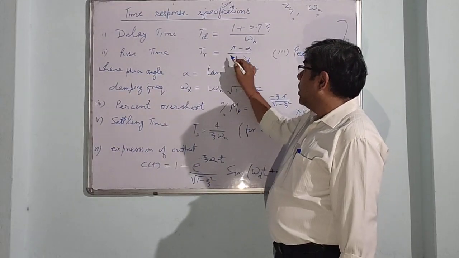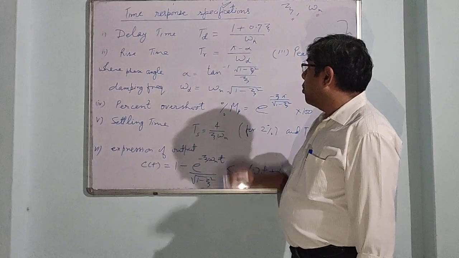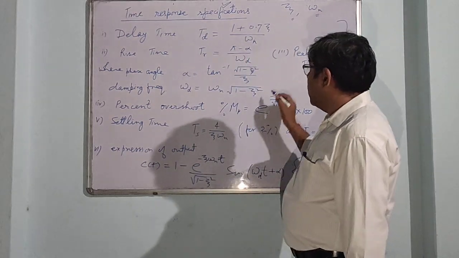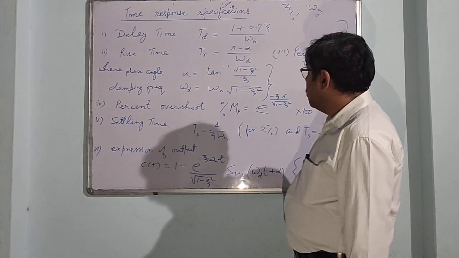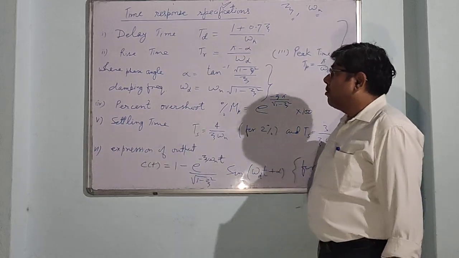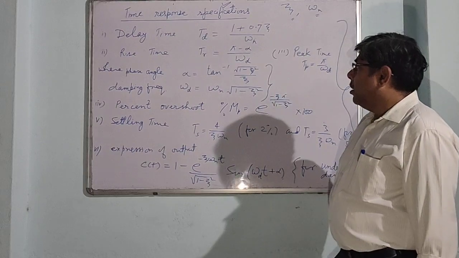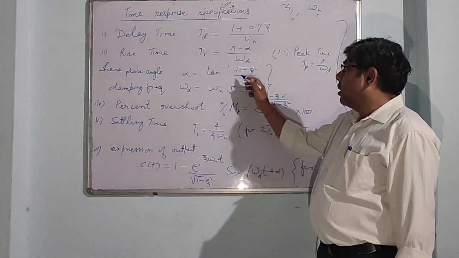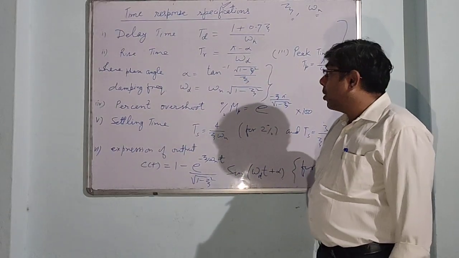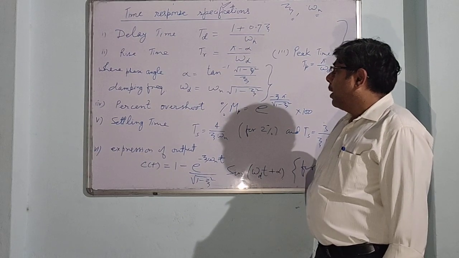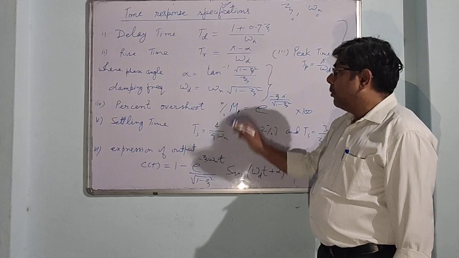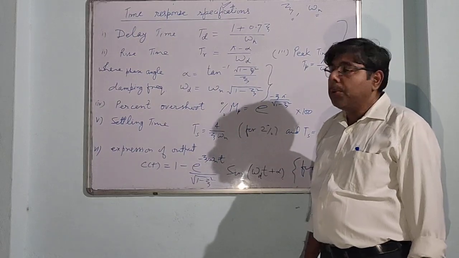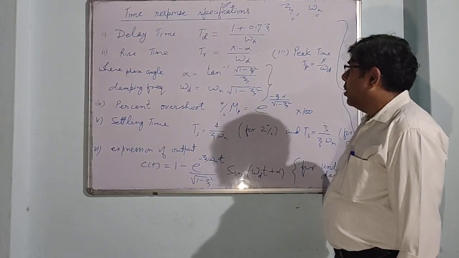Rise time is given by (pi minus alpha) upon omega d, where alpha and omega d can be calculated by these two expressions. Alpha is the phase angle, that is tan inverse of (under root 1 minus zeta square) upon zeta, and damping frequency is omega d, which is given by omega n under root 1 minus zeta square.